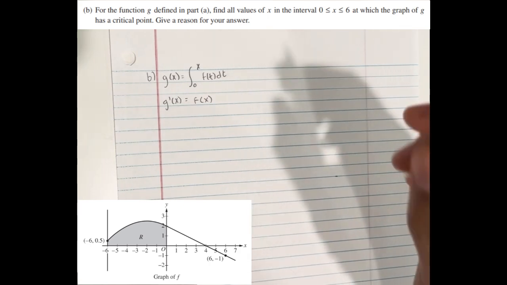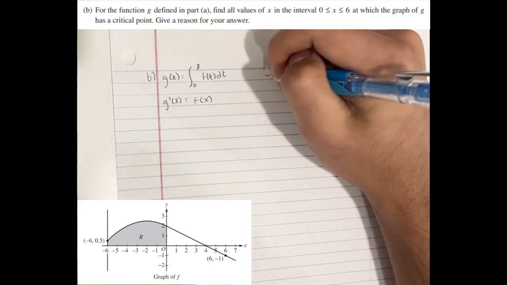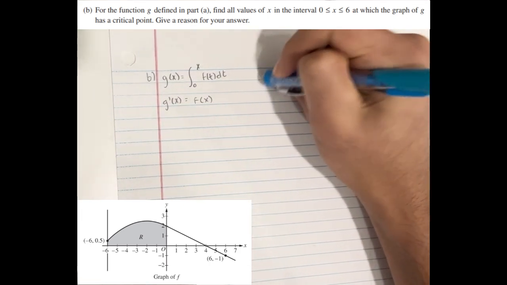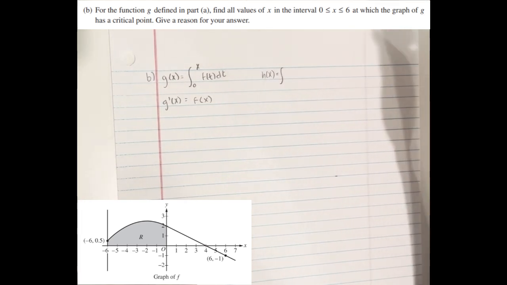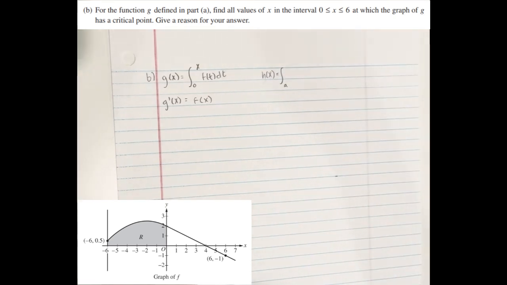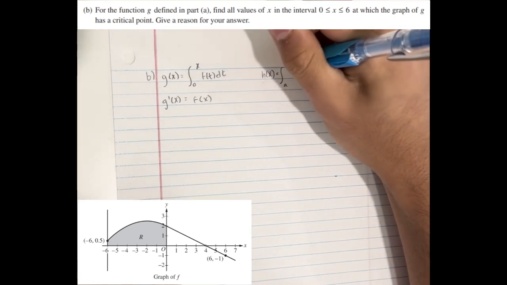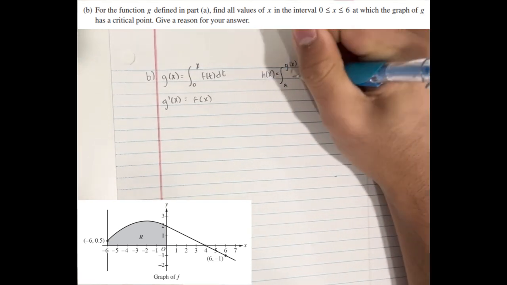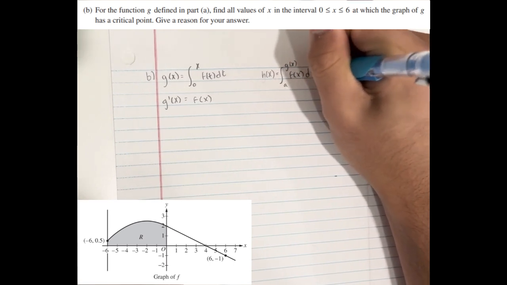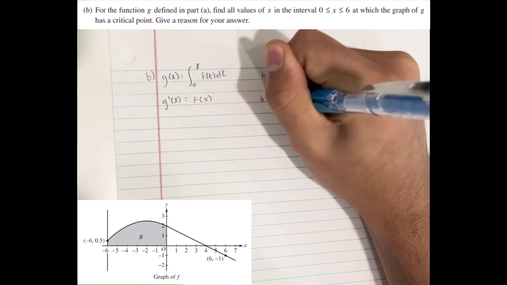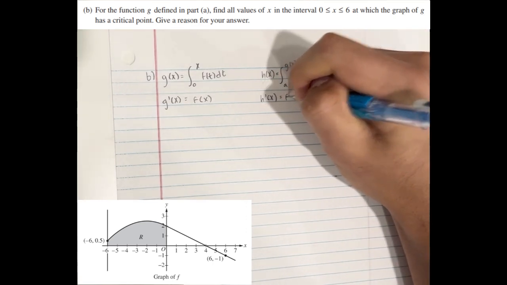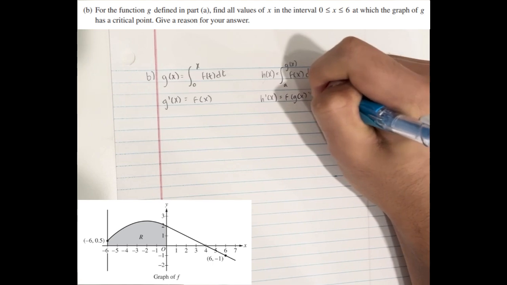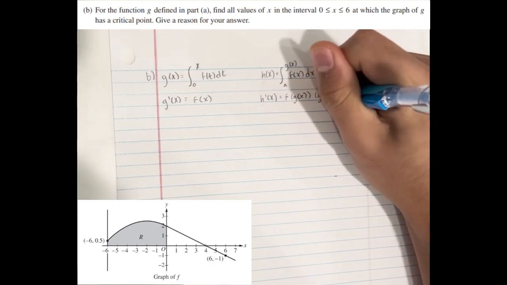Just keep in mind that when we have a function, let's call it h(x) in this case, where h(x) equals the definite integral from some constant a to some function g(x) of f, then h'(x) is equal to f(g(x)) times g'(x).